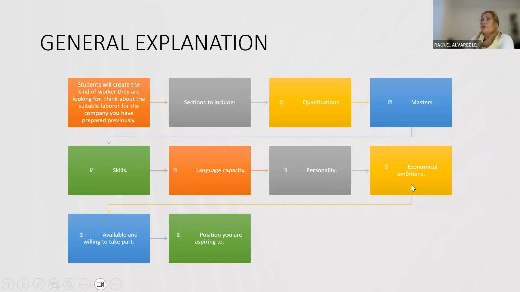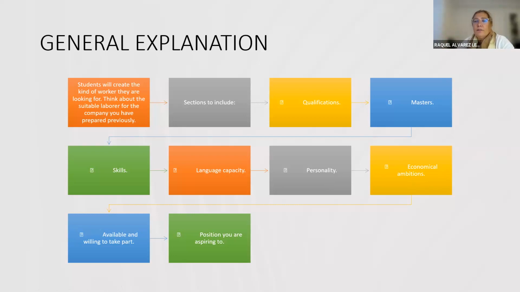Also, in your profile, you will have to include what kind of economical ambition this person has. Perhaps you can offer only, imagine, 35,000 euro a year, and this person has an ambition of at least 50,000 euro.